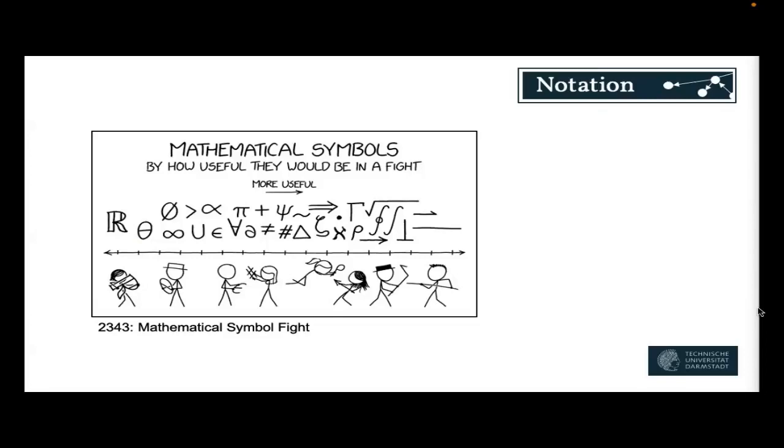And if we go to the right, they become more useful for a fight, a fight between people. And that's what you see below, different people fighting with different symbols. You can see the real numbers can only be used as a shield, whereas I don't know what this notation is. It's just like a spear, but you can use the spear to pierce a person. I guess rho is also pretty useful because you can just strangle someone, or pull them in.